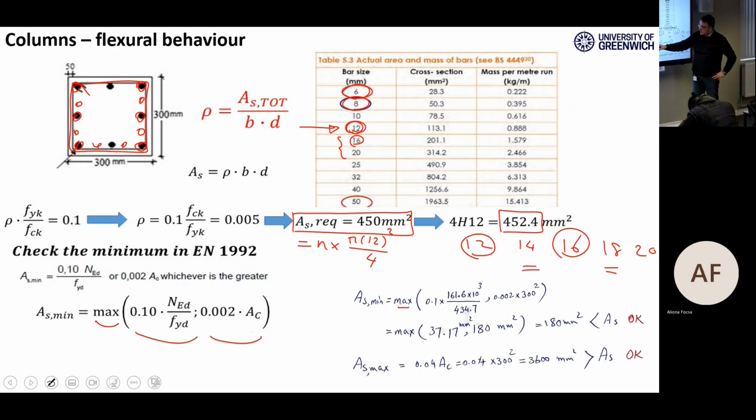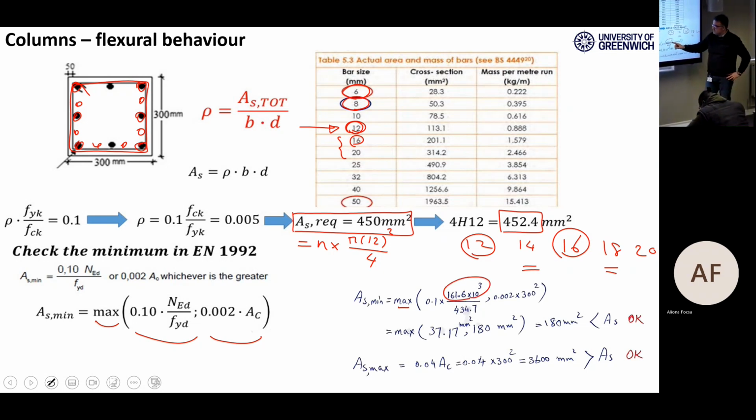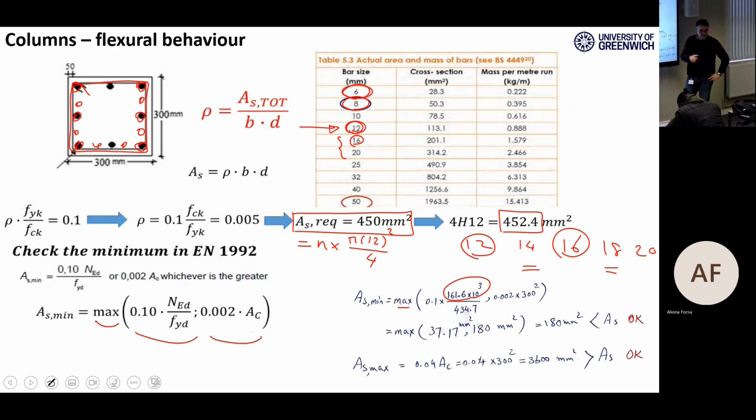Maximum of 0.1, I'm reading this, multiplied by this one. This is the axial force. It's in the previous slide from the structural analysis. And this is fyd, right? It was in the previous slide.